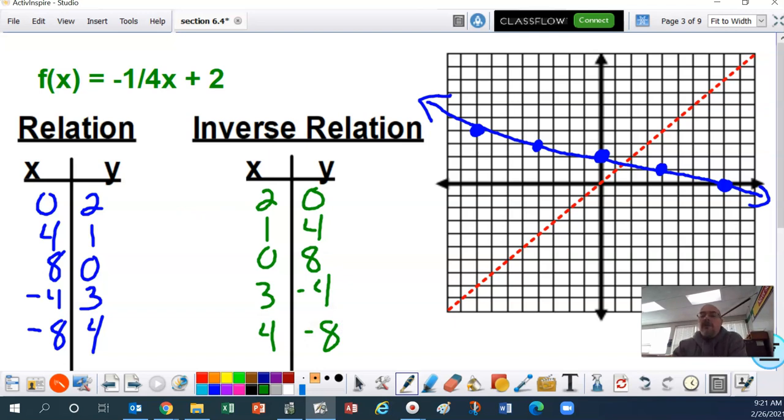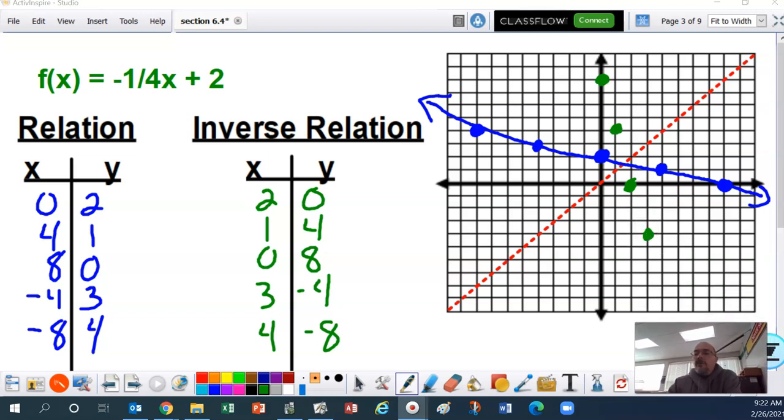Okay, I'm going to graph those. (2, 0), (1, 4), (0, 8), (3, -4), and (4, -8).